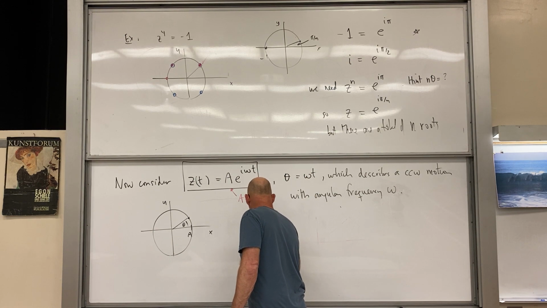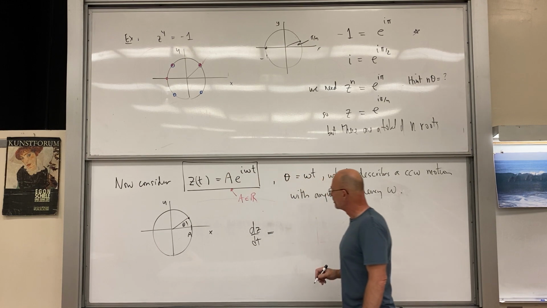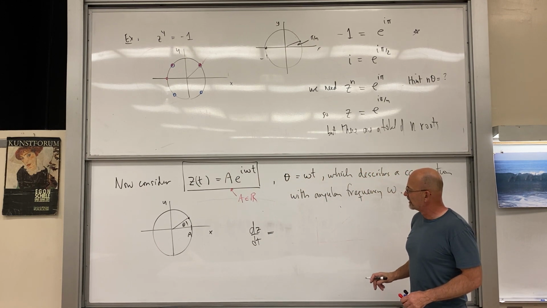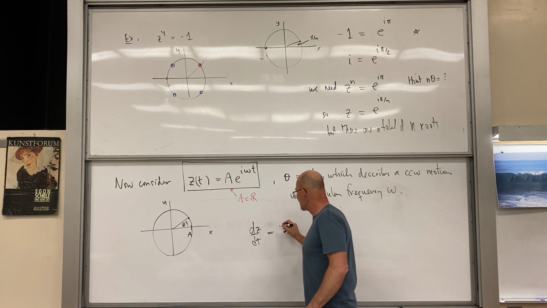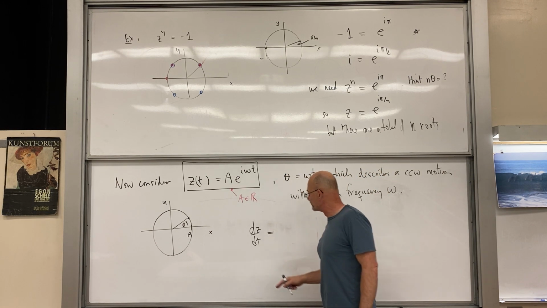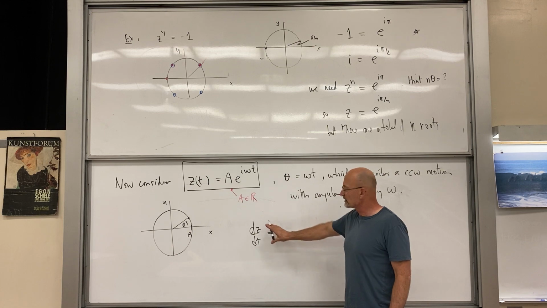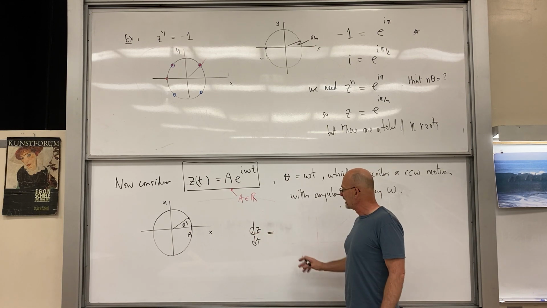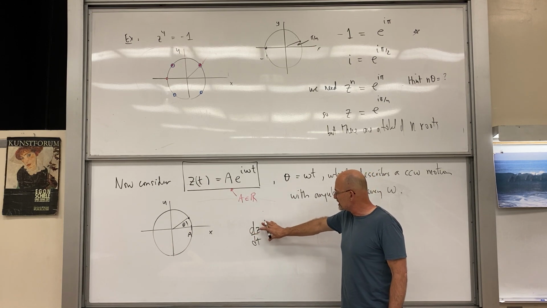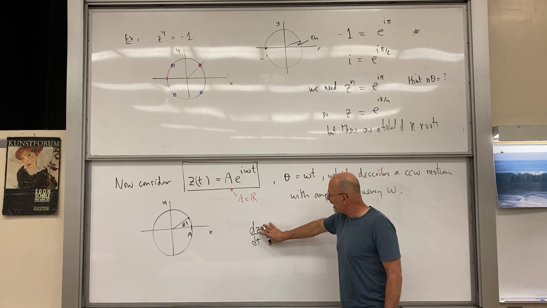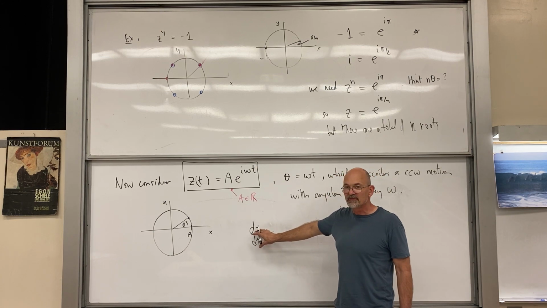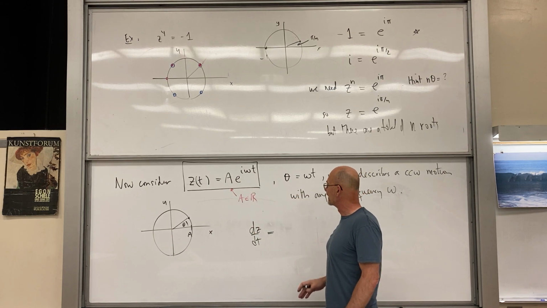dz/dt. Well, remember, if we took the definition of the derivative, that would be the limit of the difference quotient, okay? And the difference quotients are just made using the laws of arithmetic, so we can just inherit the definition of the derivative right into here.